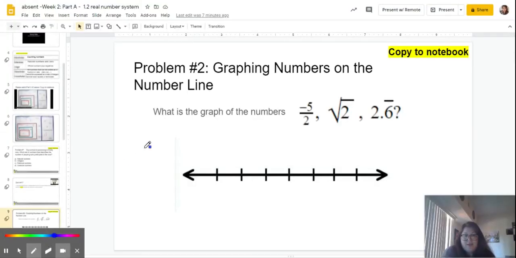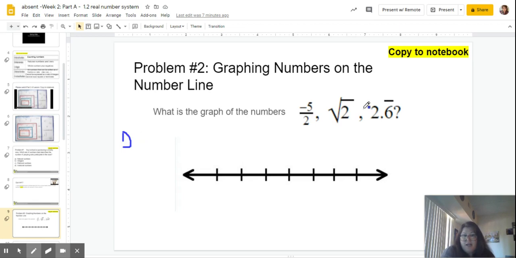All right, as we look at this problem, it's asking us what is the graph of the numbers -5/2, square root of 2, and 2.6 repeating. So we look at this, we see a number line here. I personally like to always convert my numbers to decimals.